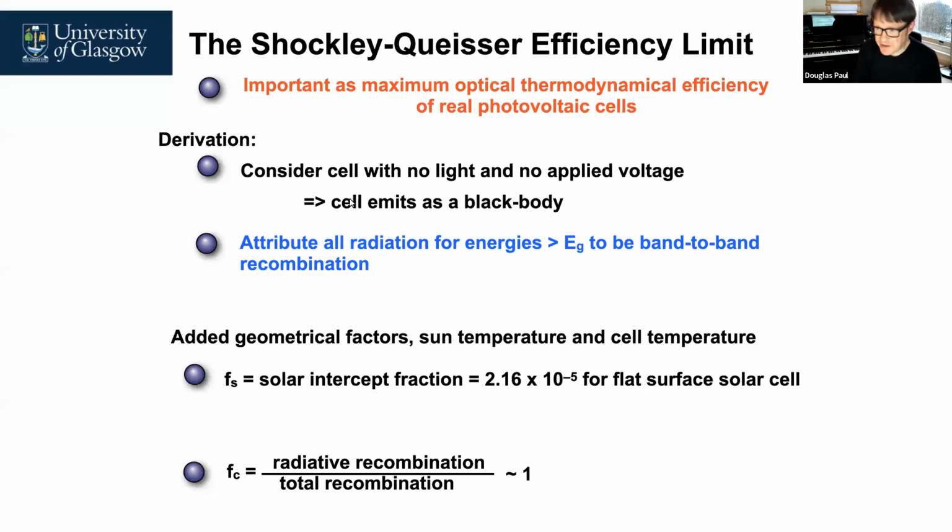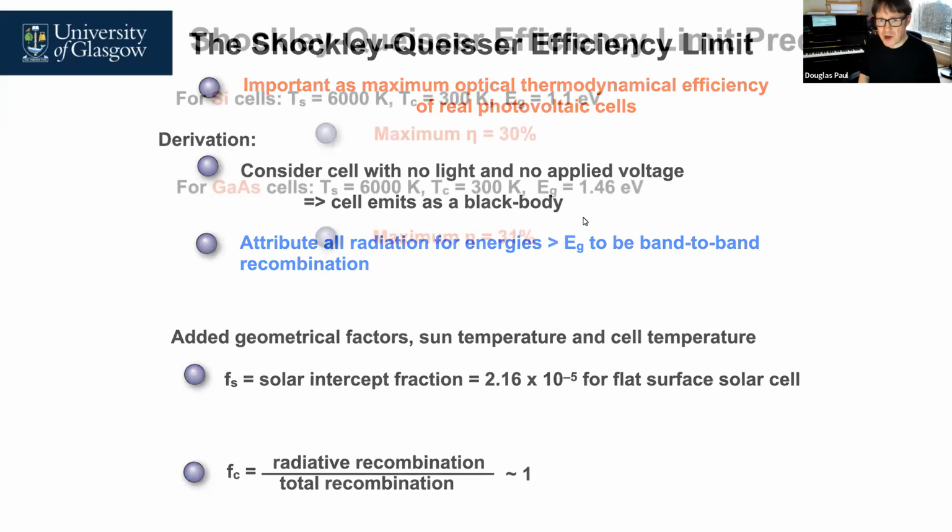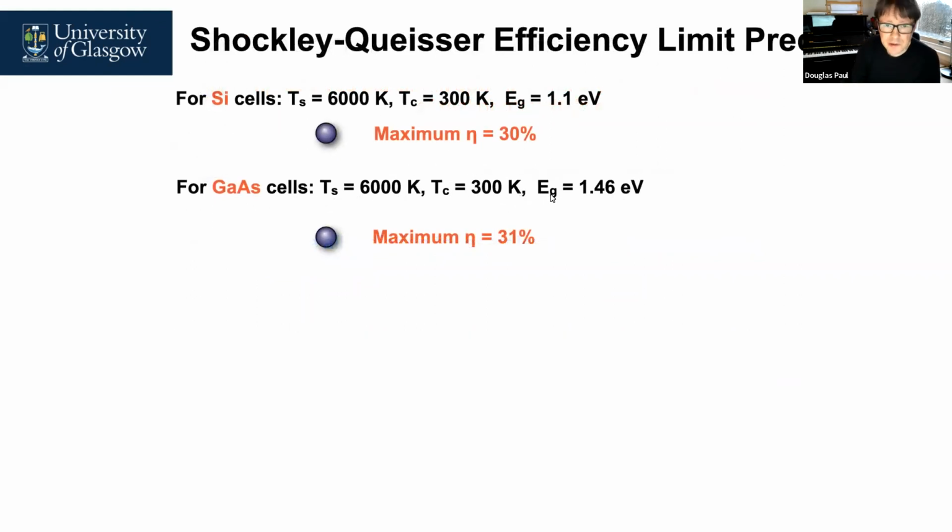So if we take all these things, what the theory comes up with is, depending on the temperature and the band gap of the material, a maximum efficiency known as the Shockley-Queisser efficiency. For silicon, that's 30%. And as you've seen, the best silicon photovoltaic cells are 26.7%.